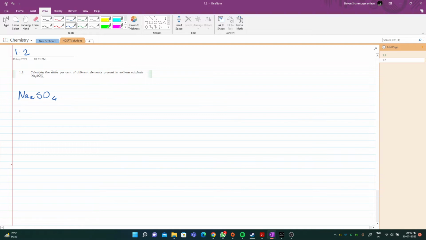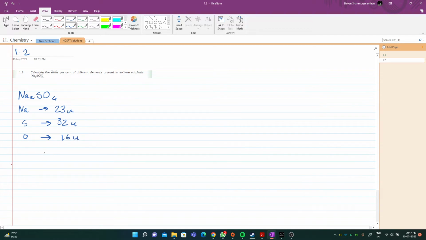So let me quickly jot down their atomic masses here. The atomic mass of sodium is 23 U, the atomic mass of sulfur is 32 U, and the atomic mass of oxygen is 16 U.